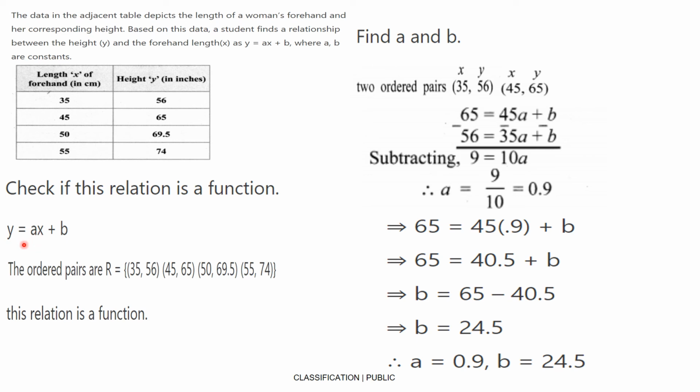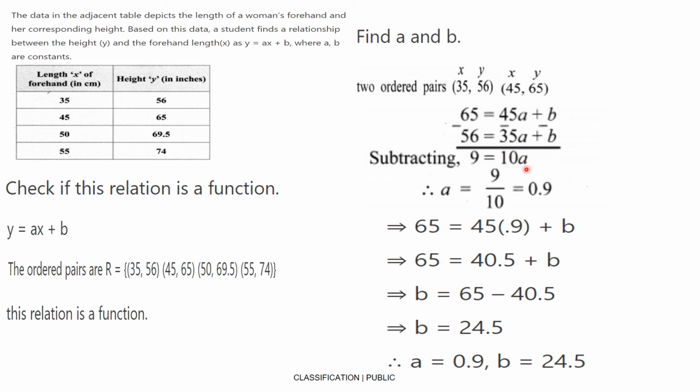And also here 56 equals 35a plus b. Substitute the values. So change the sign. Here plus means minus. Here also plus means minus. 65 minus 56 equals 9. 45 minus 35 equals 10a. Plus b minus b will be cancelled. So 9 equals 10a.